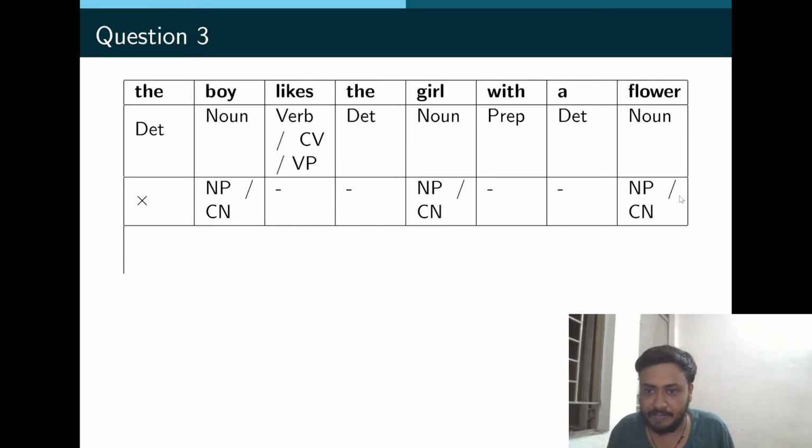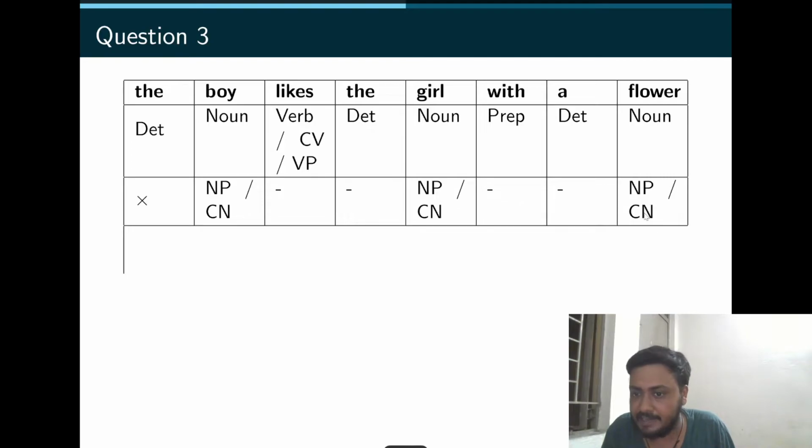So what do I mean, without getting confused? For example, if you look at this row over here, the leftmost column is marked cross. So there won't be an entry for this column. Why? Because we'll have to look at what we can combine the pairs to get. So if we pair up det and noun, whatever we get, that will be over here. We pair these two up and we write that over here. And we go on. So pairing these two up, we get that over here.